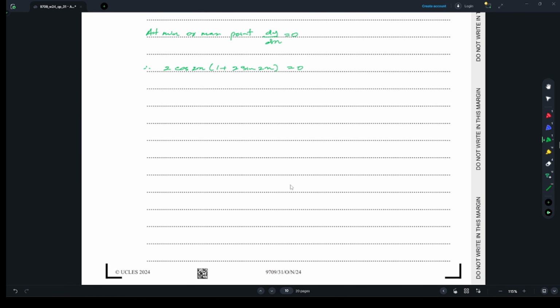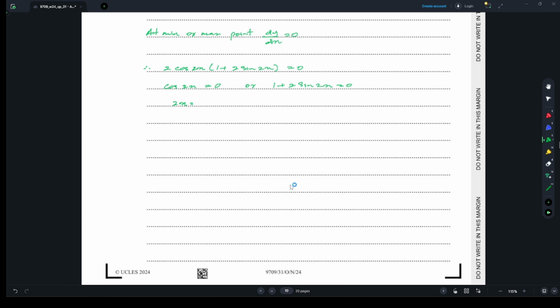Okay, now we have to solve this. Here the multiplication is 0, and 2 is just a constant. So we can say that cos 2x equals 0, or 1 plus 2 sine 2x equals 0.